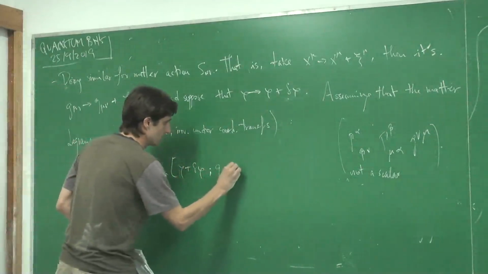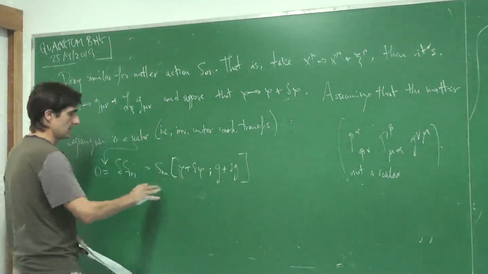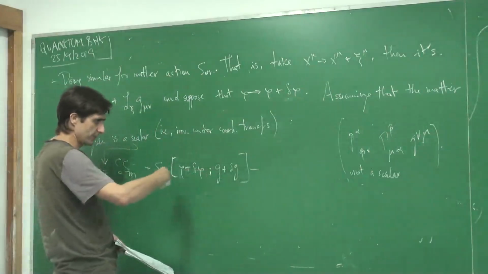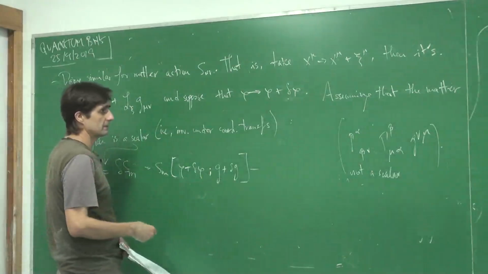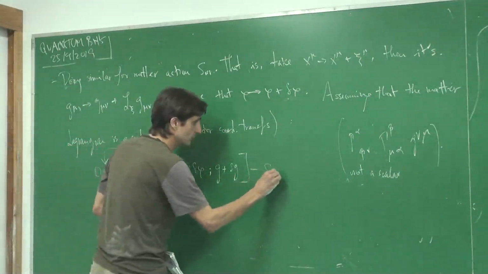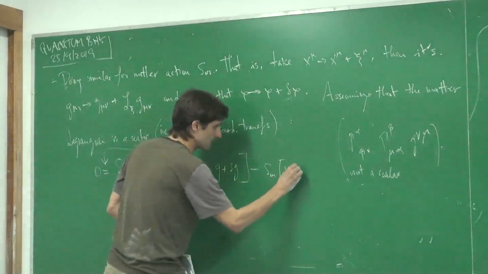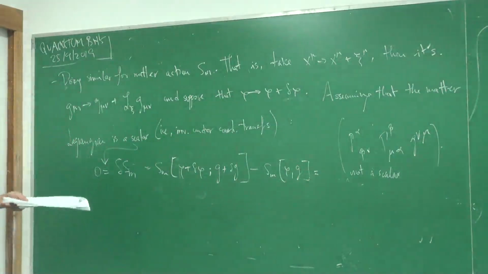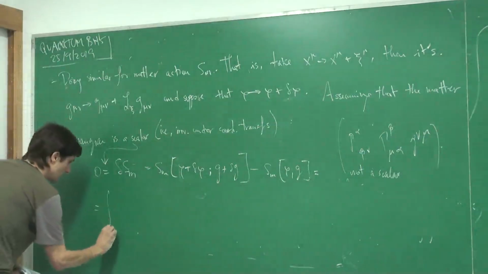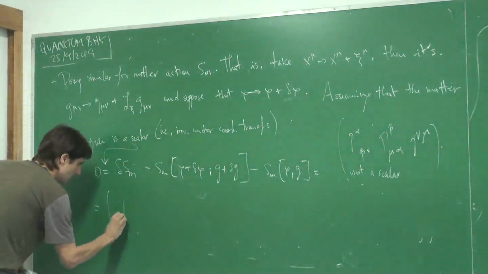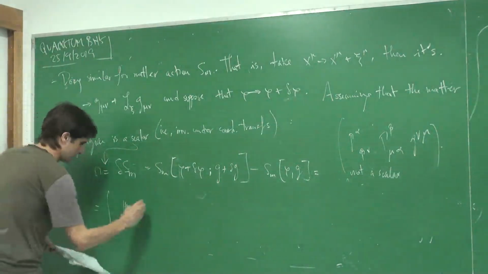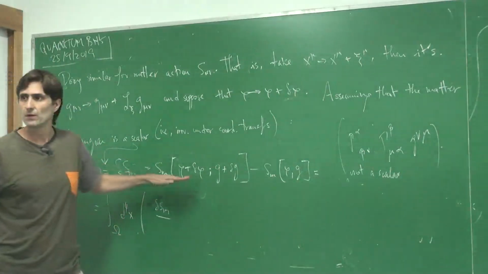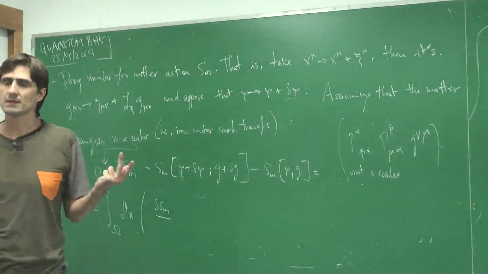So this is the matter action after the variation minus the matter action before it. Remember, every time we're varying different things.